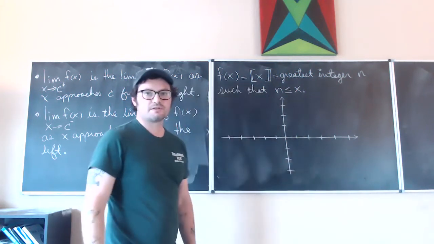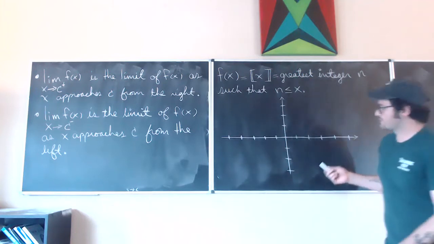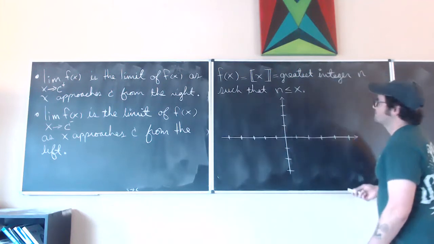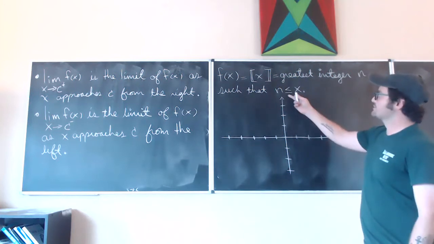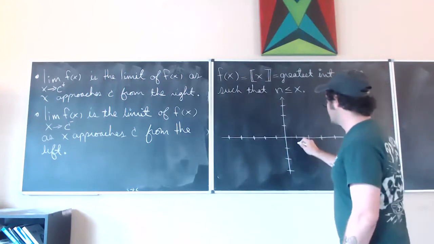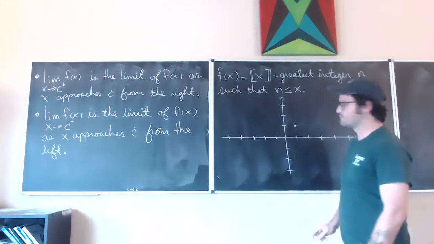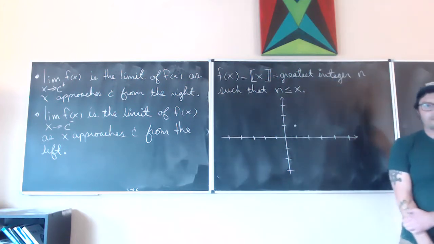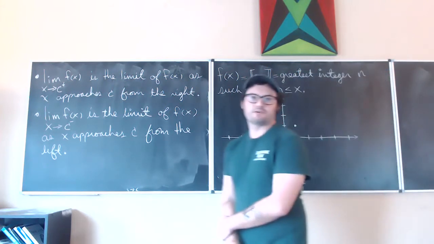Okay, so let's just pick, for example, when x is equal to 1, what's the largest integer that's less than or equal to 1? Well, it's just 1, right? So when x is equal to 1, that function's value is 1. What about when x is equal to 1/2? What's that function's value?